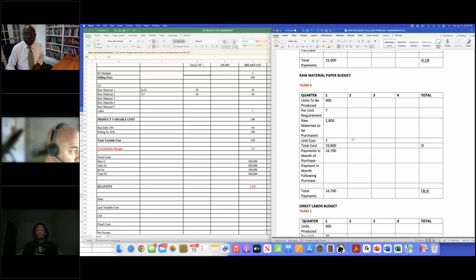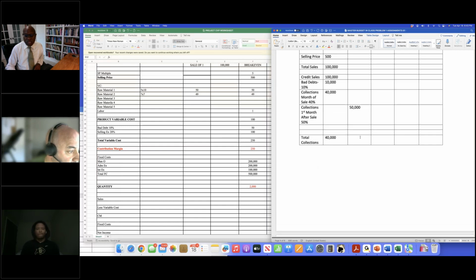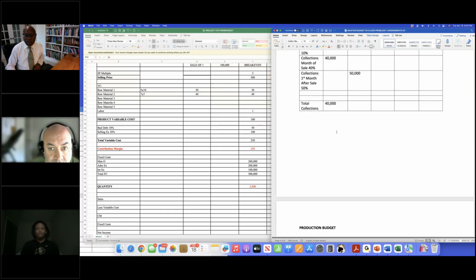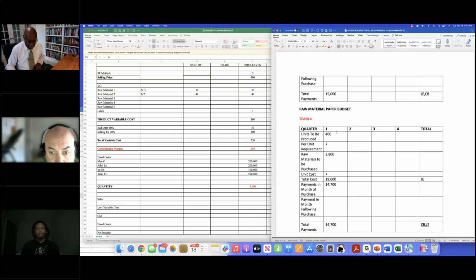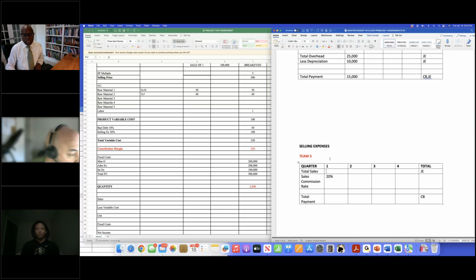Total sales were what? 100,000. So the payment is going to be 20% of that, or what? 20,000. So we're paying the salesman 20,000. See, we're building our budget.